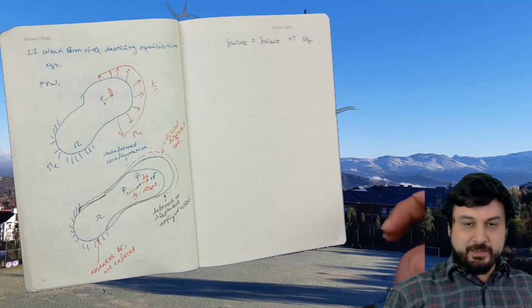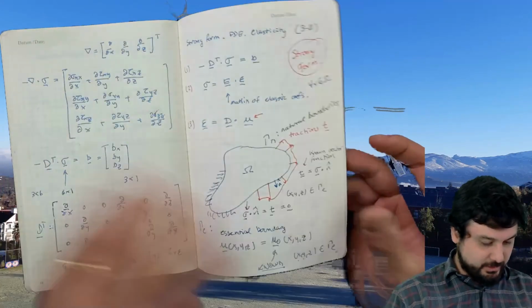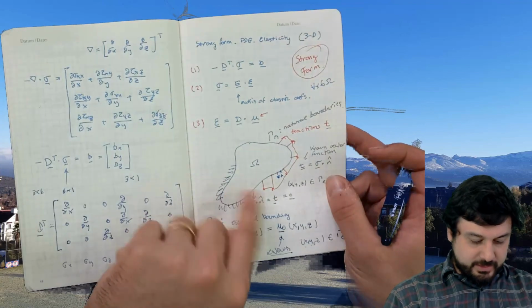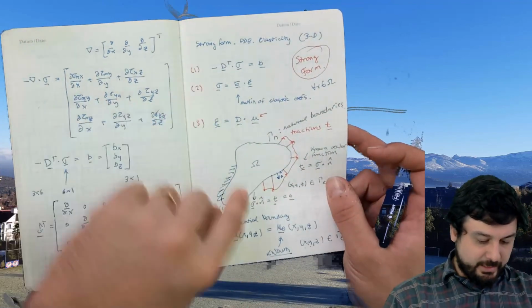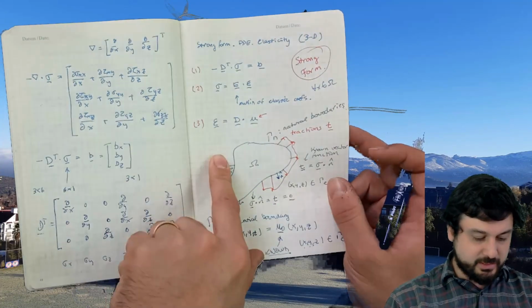As I said previously, the strong statement, the statement we had in the previous case, is that you move around every point inside the domain, and if the domain is in equilibrium, then it must follow these three equations.